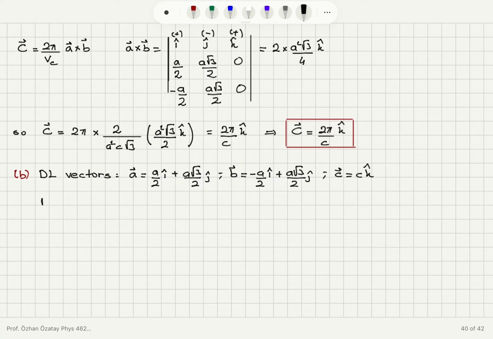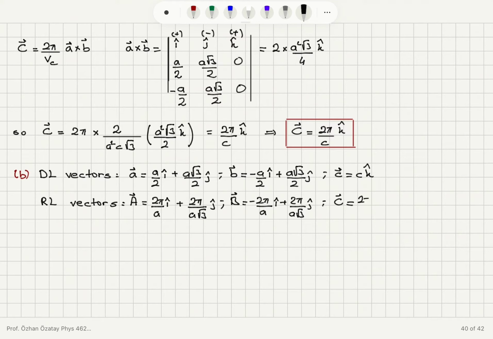Now I want to compare these with the reciprocal lattice primitive translation vectors. Capital A vector, it is 2 pi divided by A I hat plus 2 pi divided by A square root 3 J hat. The second one we have found minus 2 pi over A I hat plus 2 pi over A square root 3 J hat, and capital C vector we found 2 pi divided by C K hat.